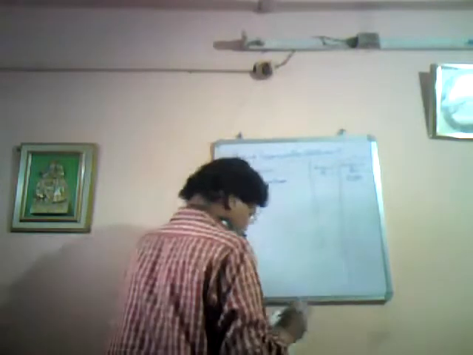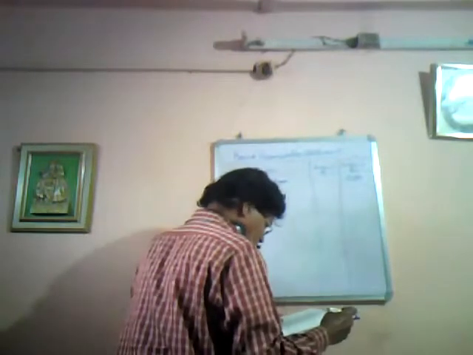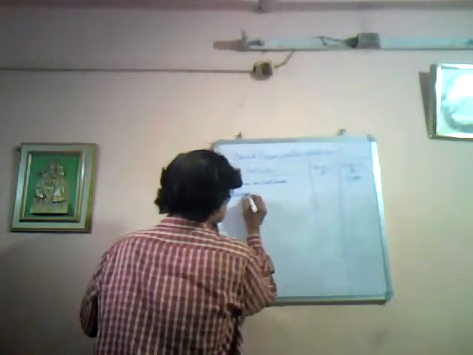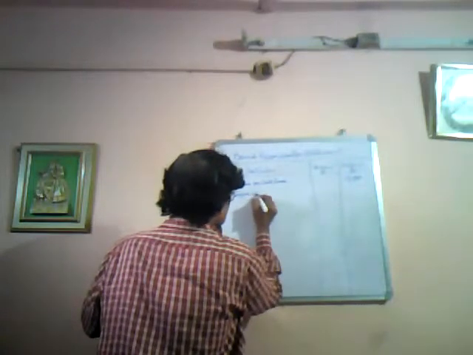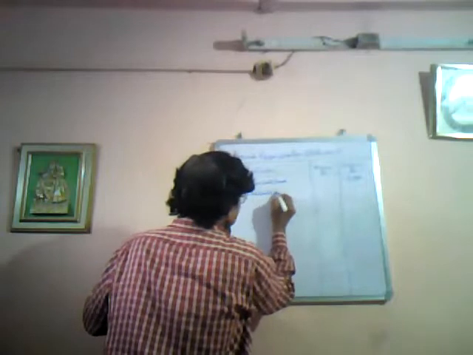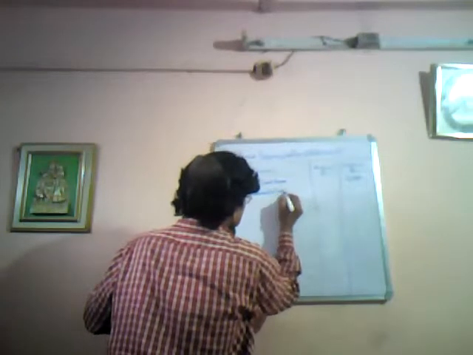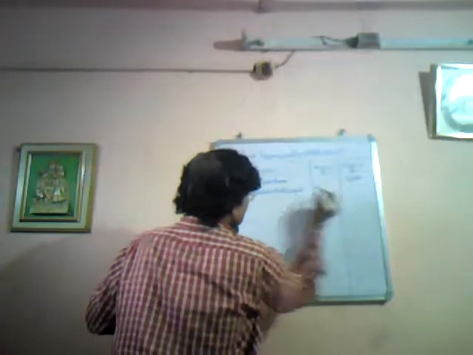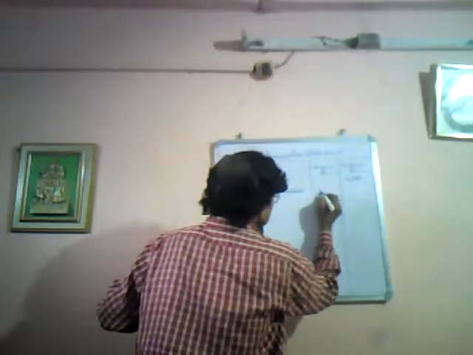Plus items. Checks issued but not cashed. How much? 2,000 rupees.